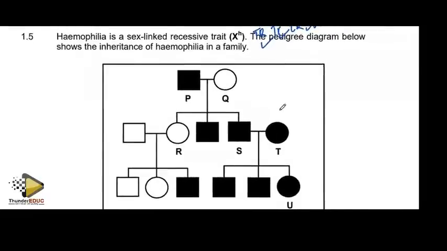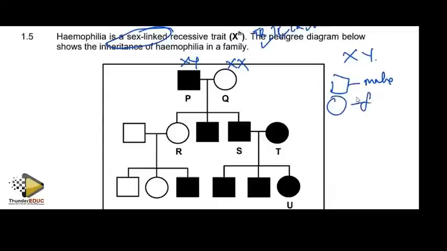You always need to know that if they say male and female but have not mentioned that it's sex-linked, please don't use X and Y. But if they say sex-linked, always use XY for a male, while the female uses XX. You also need to know, before you go for this question, that a box means a male, while a circle means a female.